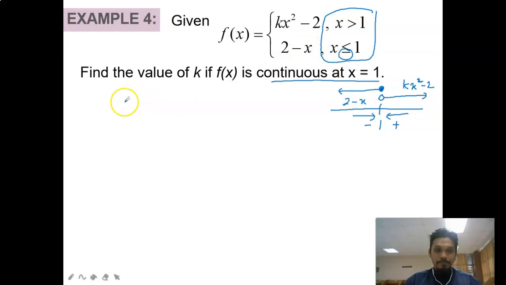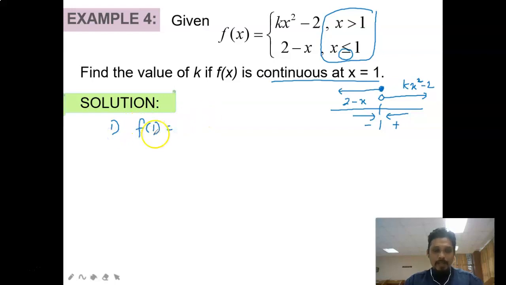Now let's say the first point here, f(1). When x is exactly equal to 1, it is only valid for 2 minus x, because x less than or equal to 1 is for 2 minus x. So 2 minus 1 equal to 1.